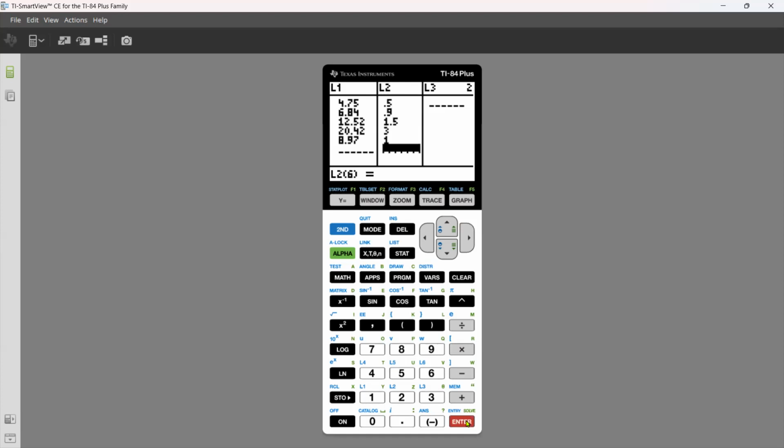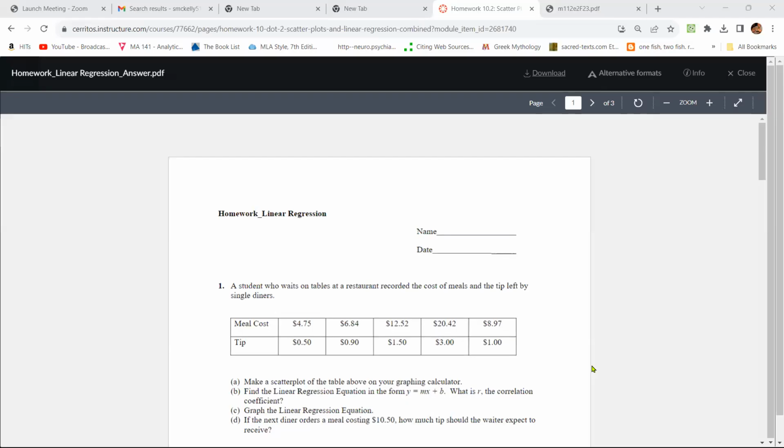Now, the first thing that the problem asks us to do, let me stop sharing, is to do the scatter plot of the table above on your graphing calculator.